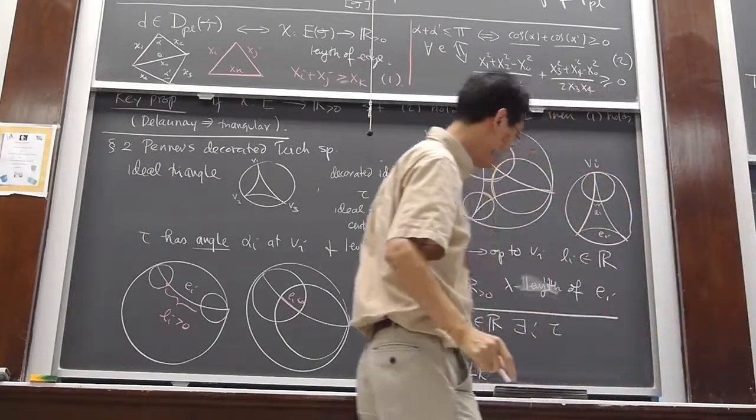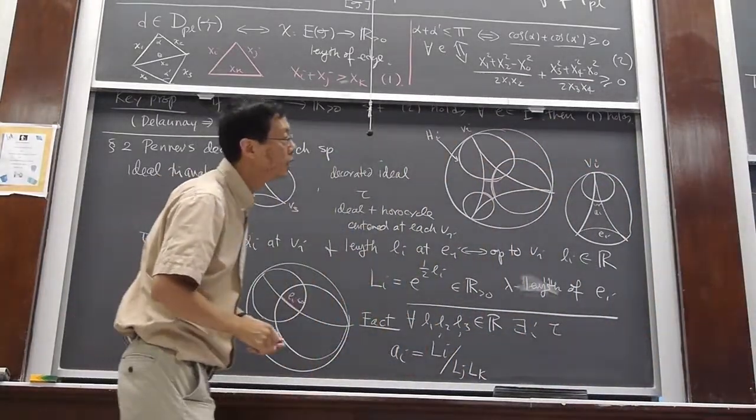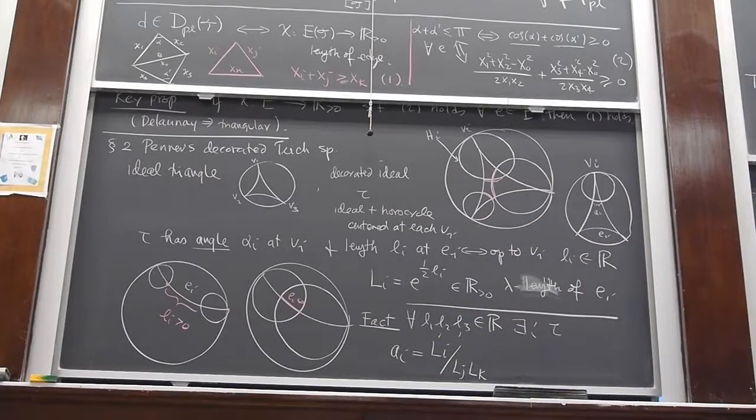So here is this complete hyperbolic metric, and what you're going to do is assign every cusp a horocycle centered at the cusp. And the lengths of these are the w_i. So that's a decorated hyperbolic metric.